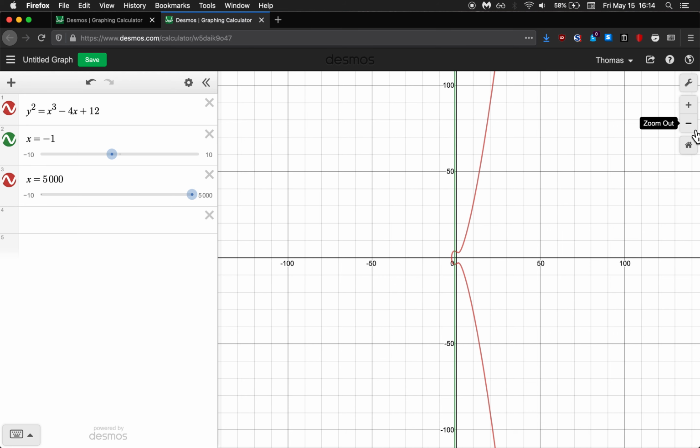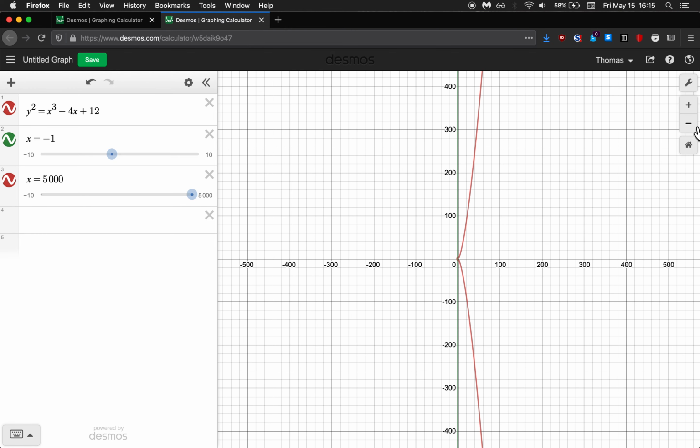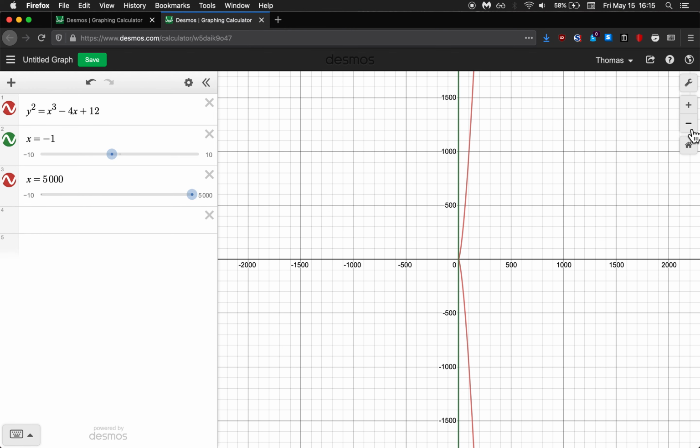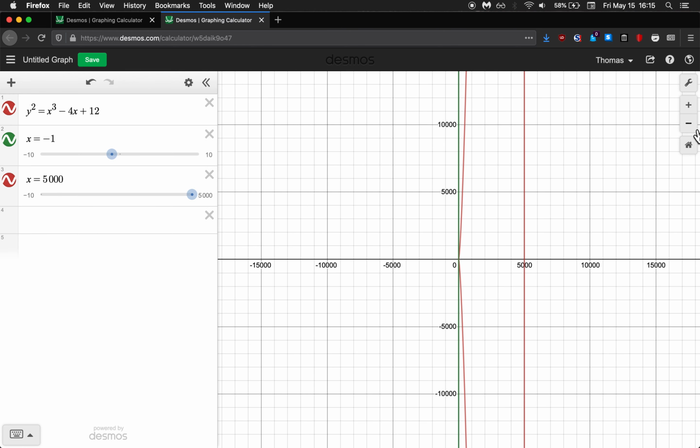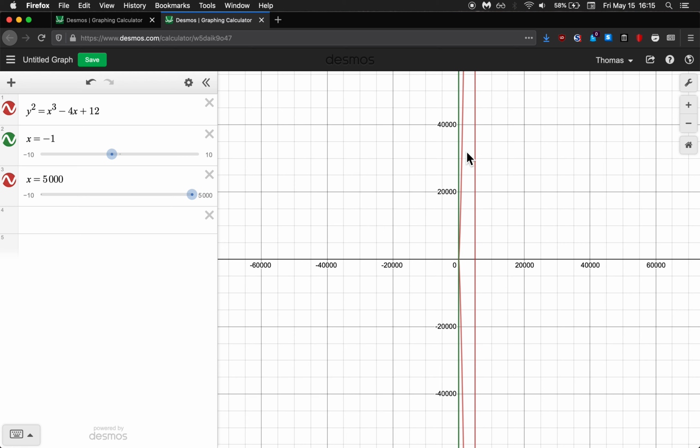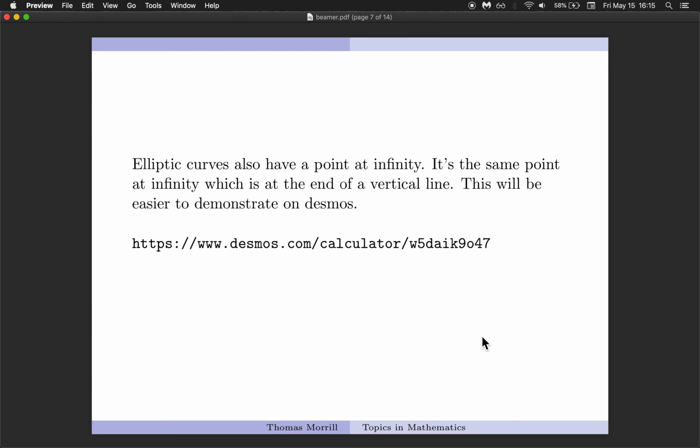The further out I go, or rather the larger my x-coordinate, you can see that the slope of this curve is becoming more and more vertical. And for the fact that the slope is tending towards a vertical line, it will meet my actual vertical line at the point at infinity.